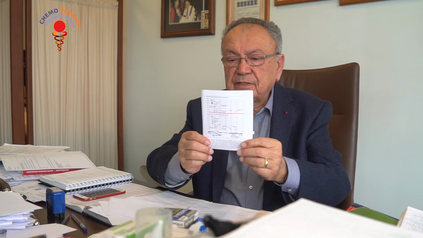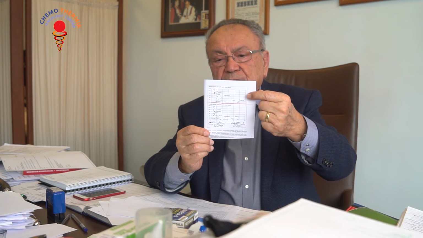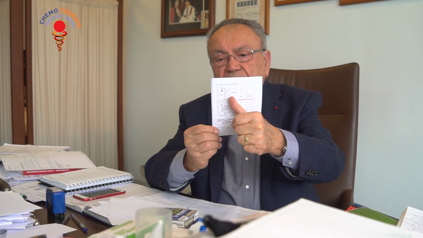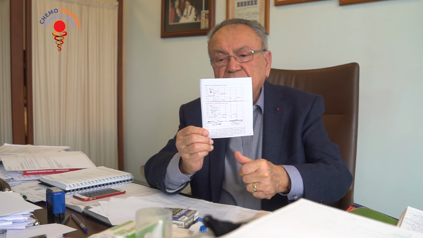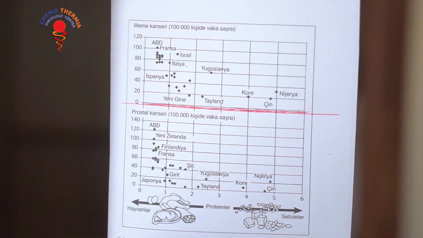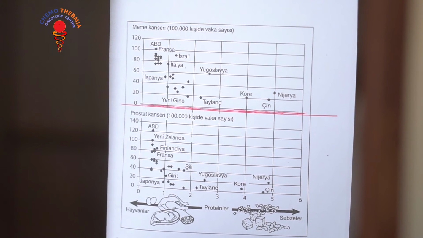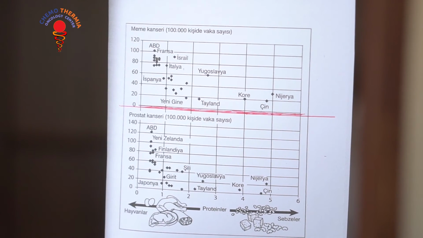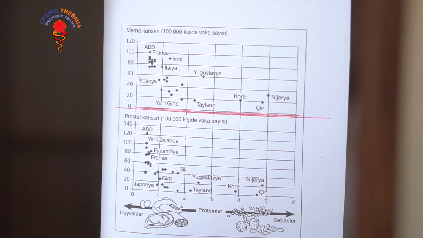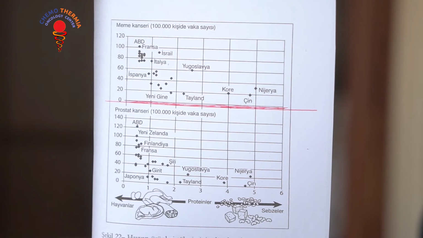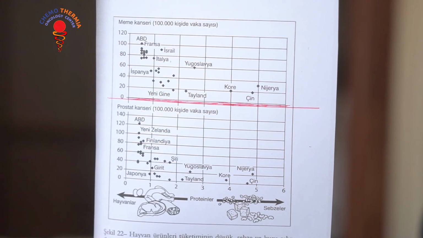Another striking example: we see in the upper part breast cancer in women, and the left part is where the nutrition is of animal origin, and at this end is vegetable-based nutrition. You see the incidence of breast cancer is much higher in countries with animal protein eating, carnivore feeding.